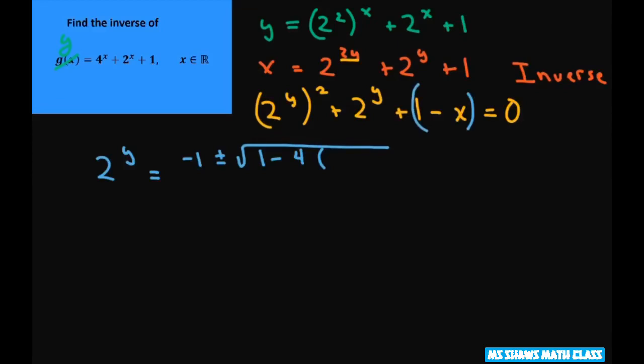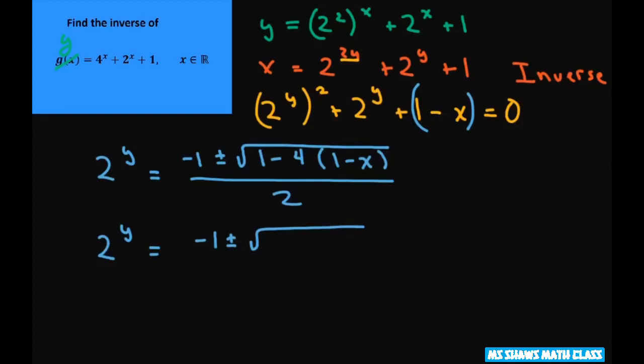So that's going to be 1 times 1 minus x, divided by 2 times a, which is 2. So we get 2 to the little y power equals negative 1 plus or minus the square root of 4x minus 3, divided by 2.